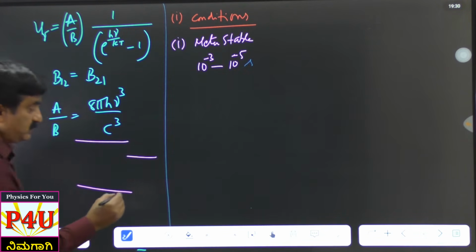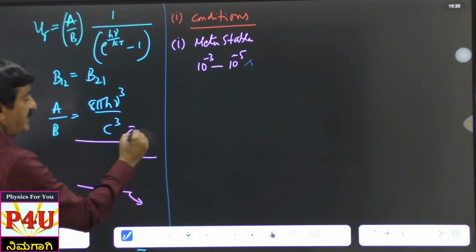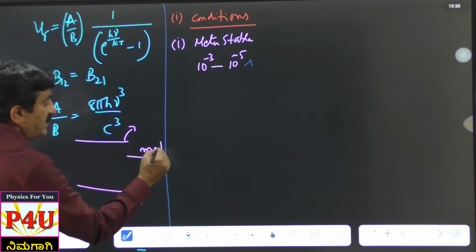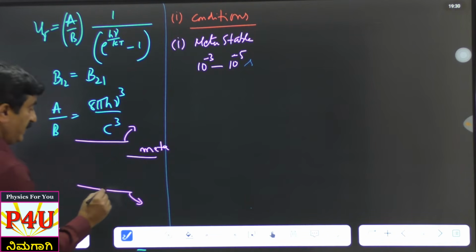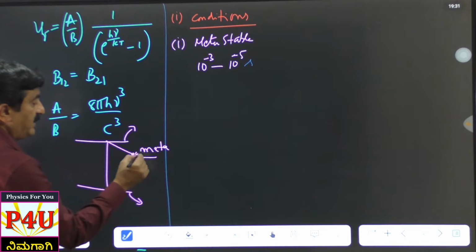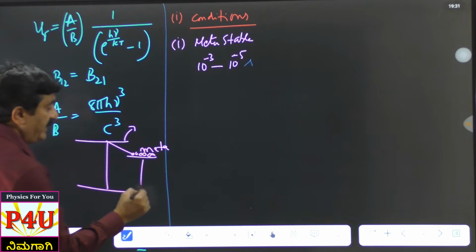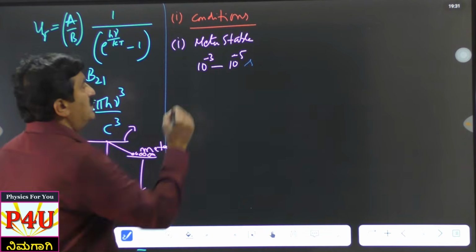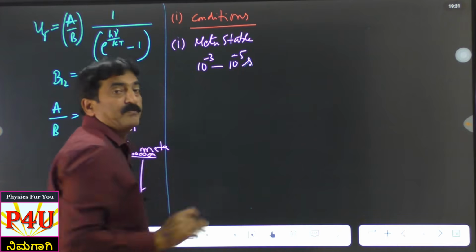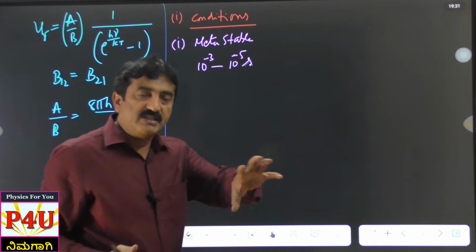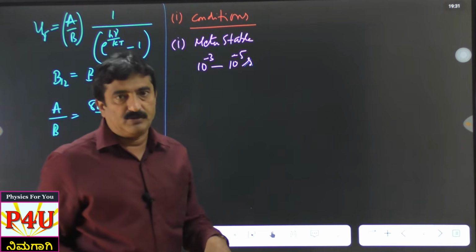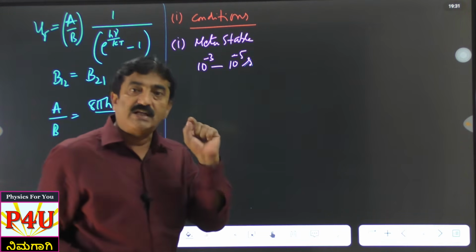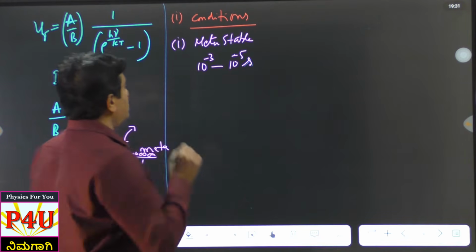So this is the ground state, this is the excited state, this is the metastable state. When you kick the atoms, they will come here and the number keeps on increasing. Finally they will come down to the ground state. So the important condition is the availability of the metastable state.